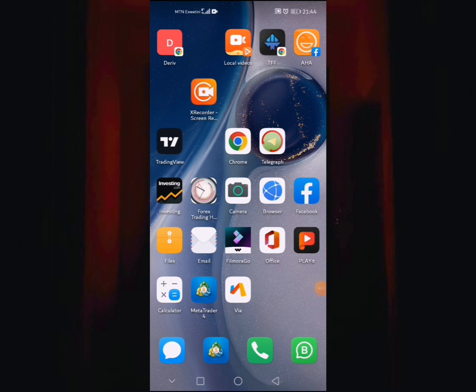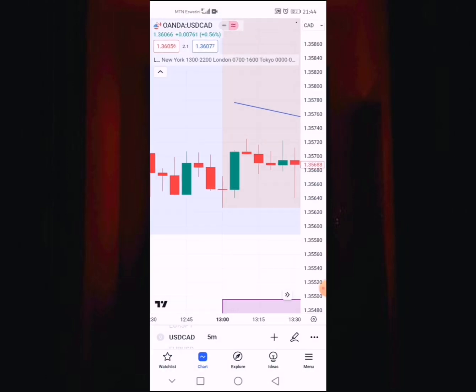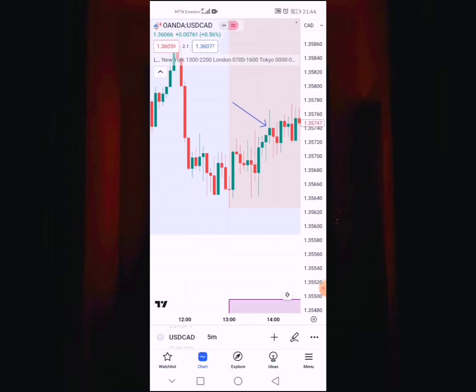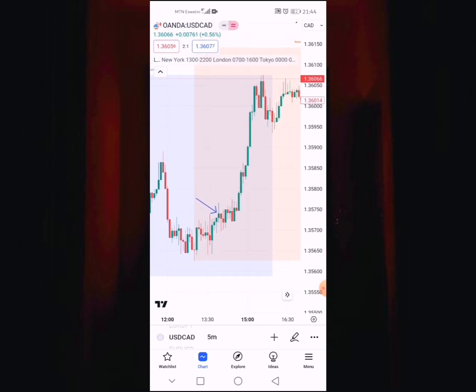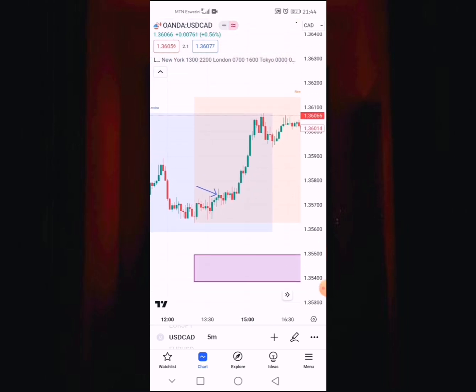If you are new on TradingView, okay, you have to download that app. And then once you have downloaded it, you open it. Just set it up so that you can be able to see the chart.